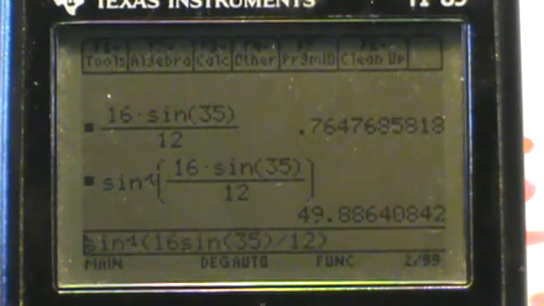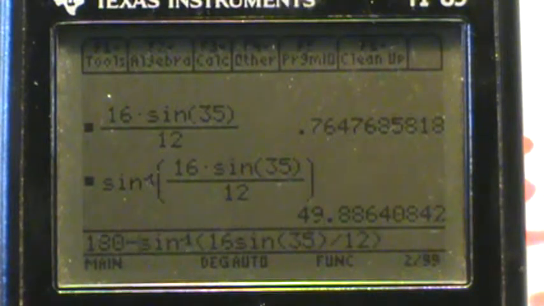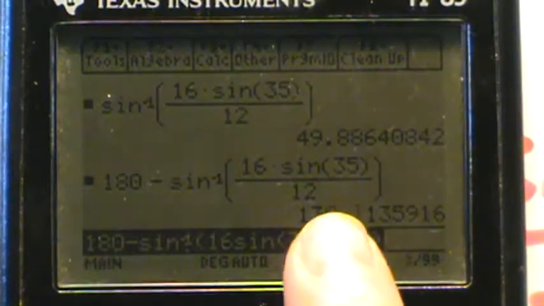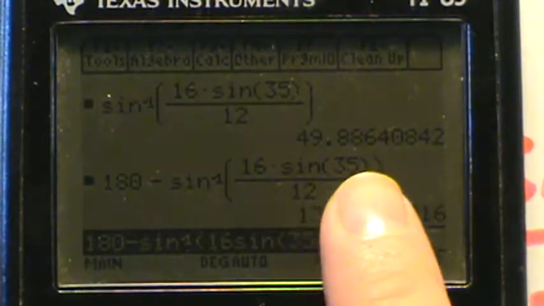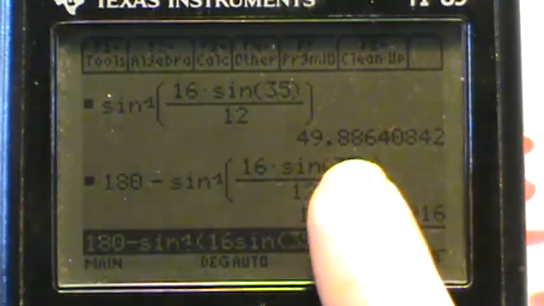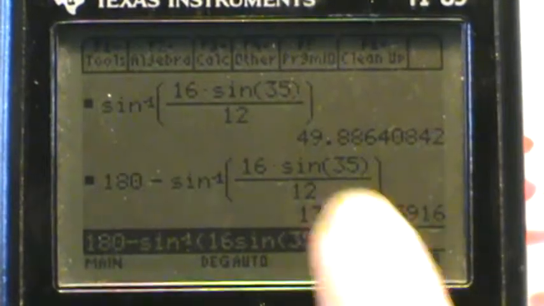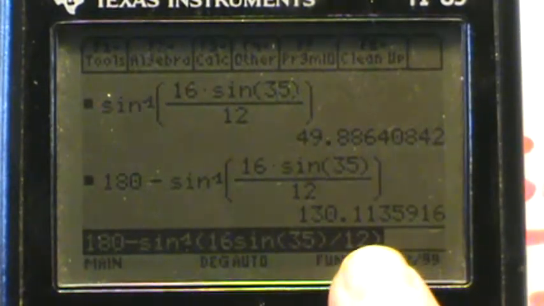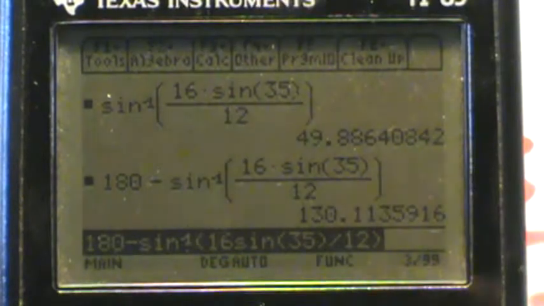We also wanted to do 180 minus that. Just make sure we're in degrees. So 49.8864. Let's round out to 4 decimal places. We're supposed to round to the nearest hundredth in our final answer, but let's round to 4 decimal places just for now, and we'll explain why later. So 49.8864 and 130.1136 degrees.